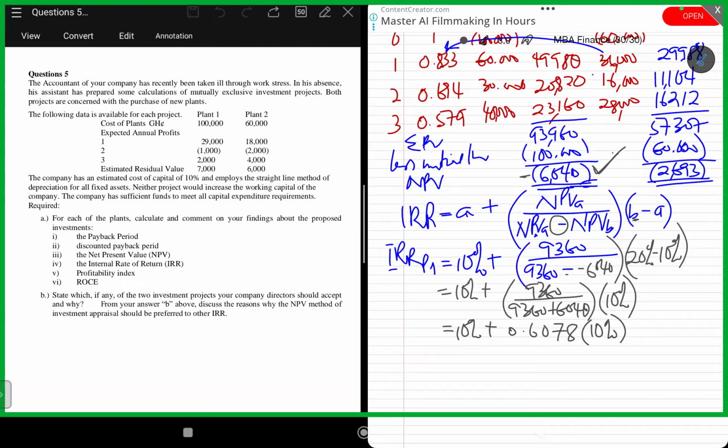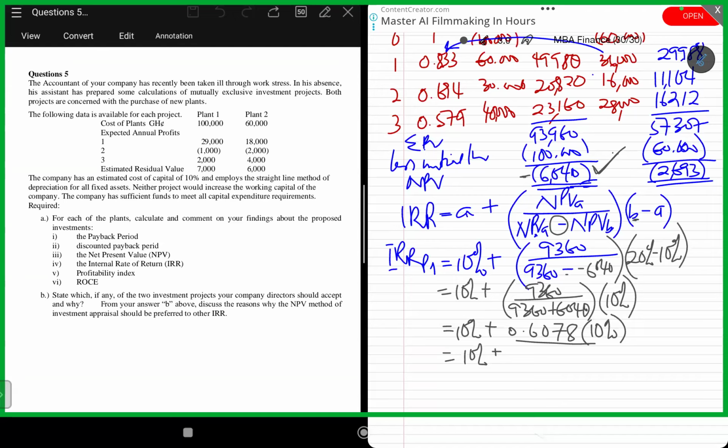So 10% plus, now multiply all these. Don't bring the percentage. So I got 16.078.